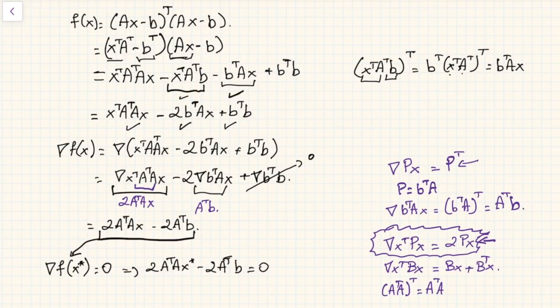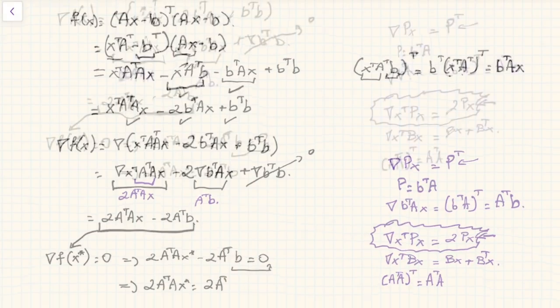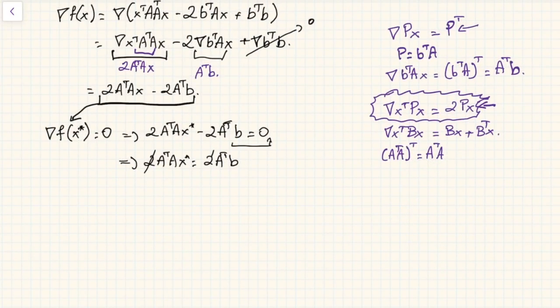Now, you can easily solve this. You get 2A transpose A x star is 2A transpose b. You can cancel your 2's. You get A transpose A x star is A transpose b.